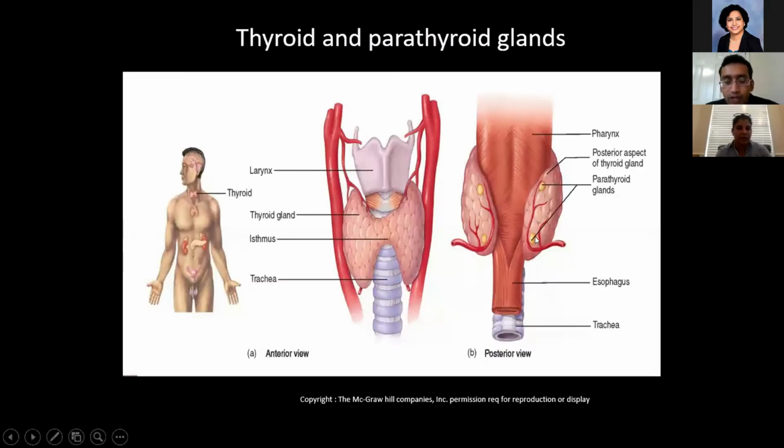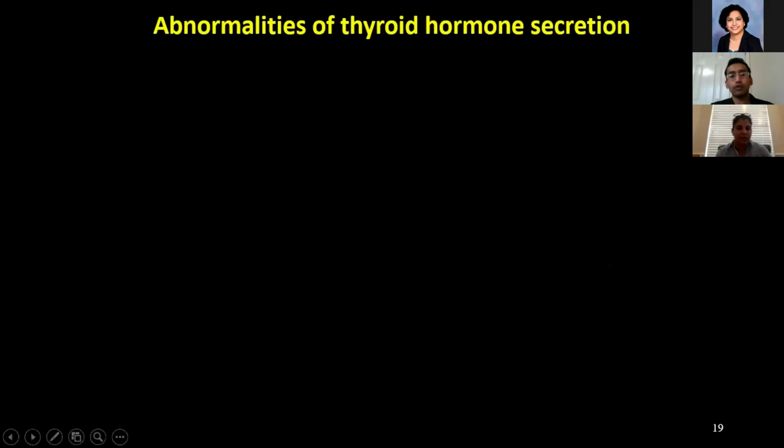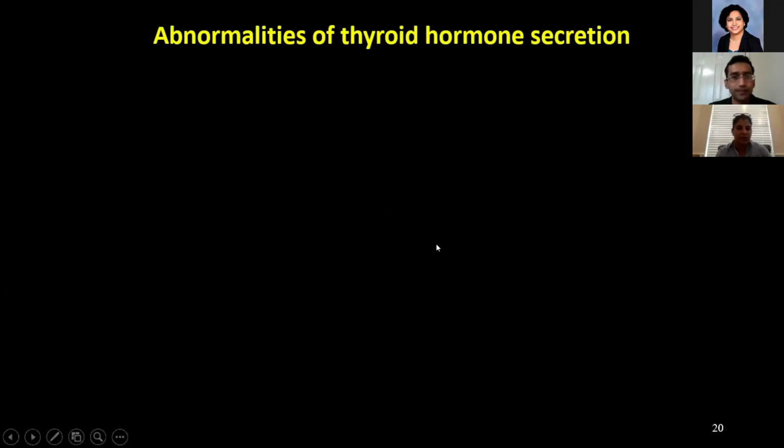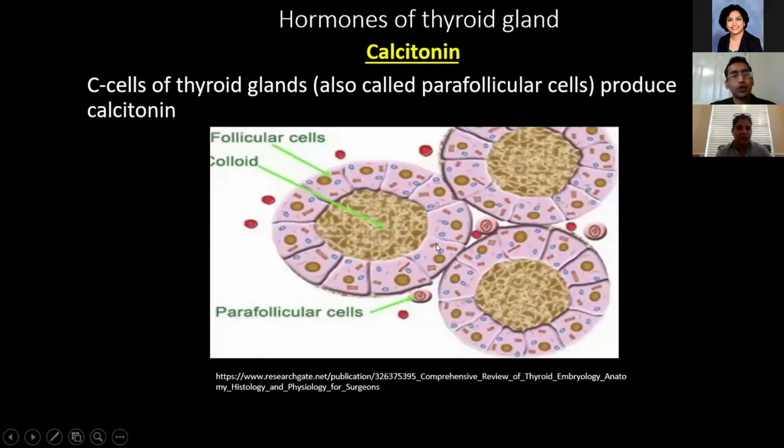Okay, you see here. So after the thyroid gland was removed, the patient started having hypocalcemia, that is decreased calcium. And so much of decreased calcium that the patient was having spasms of muscles, weakness, fainting, tetany, and was hospitalized due to weakness and all these things.